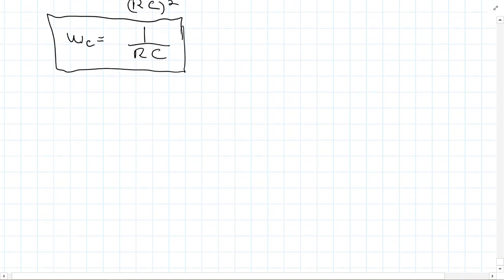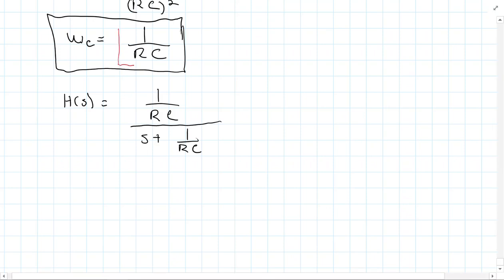Now, what's important to think about here is there's something actually very useful about this. Let's go back to the transfer function. H at s was equal to 1 over RC over s plus 1 over RC. Now, what I want you to see here is, notice that's not a coincidence.